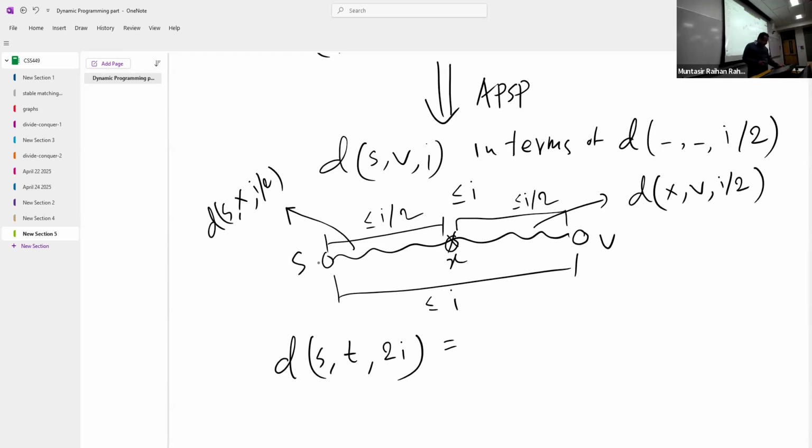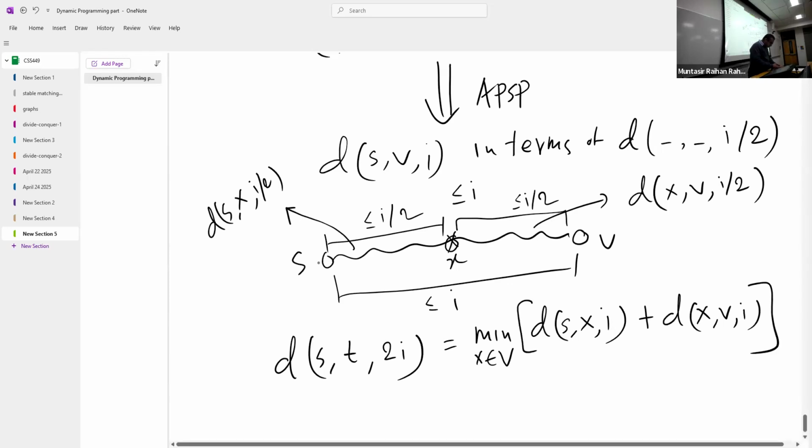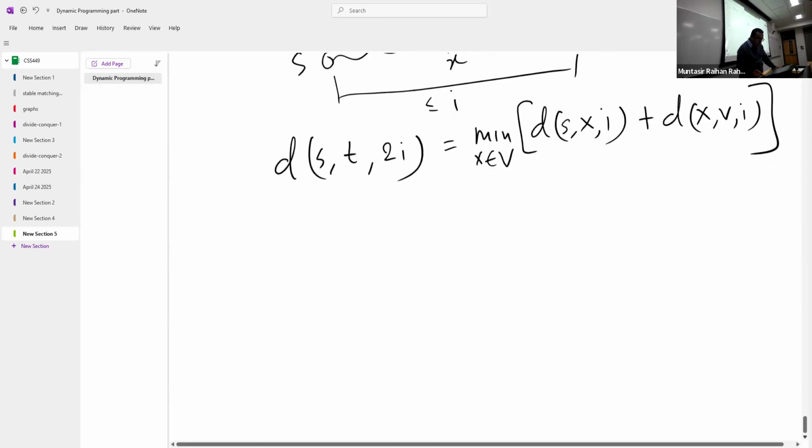So I'm going to do min over X in V of the path from S to X with hop count i plus D of X to T with hop count i. And now this is my new recurrence relation for all pair shortest path. Okay, and now how many subproblems do I have here?